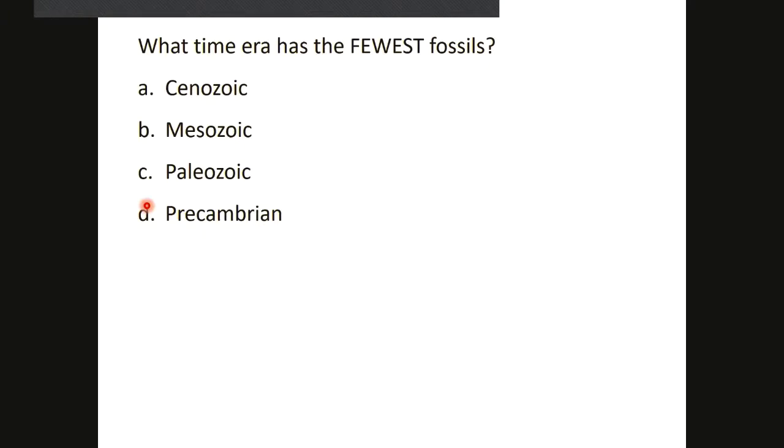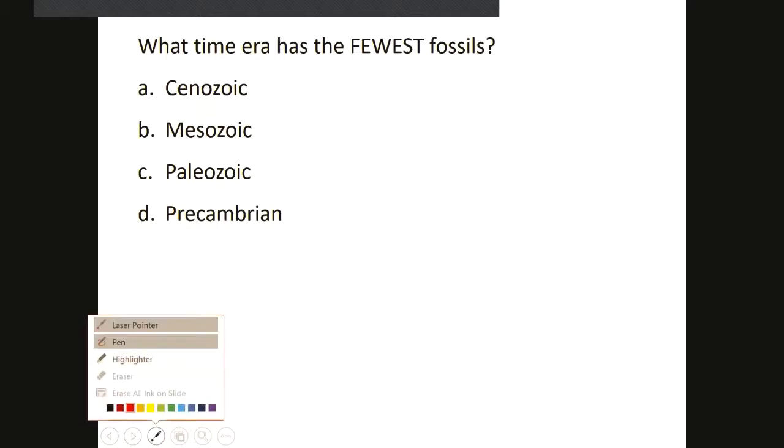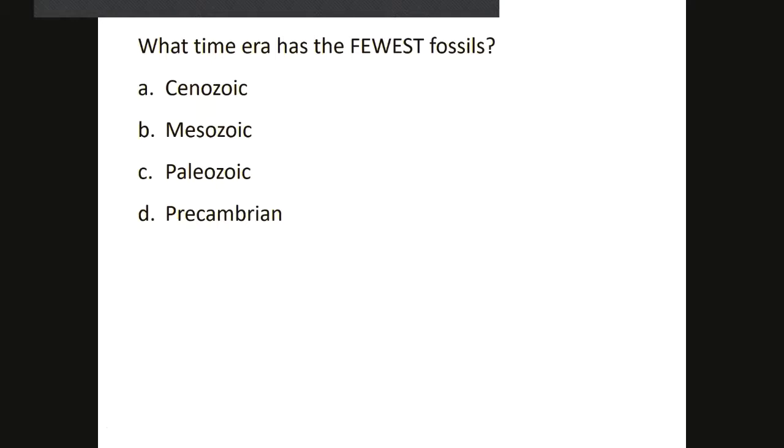So, what time era has the fewest fossils? The Cenozoic, Mesozoic, Paleozoic, or the Precambrian? Well, if you answered the Precambrian, you'd be correct, right? In the Paleozoic, we have complex animal life, a lot of invertebrates.